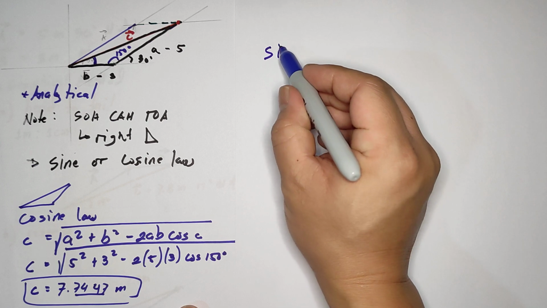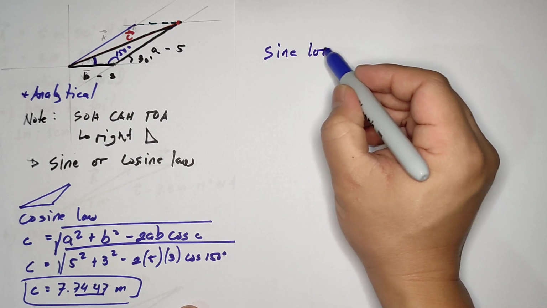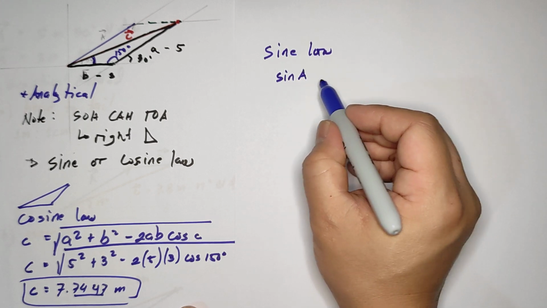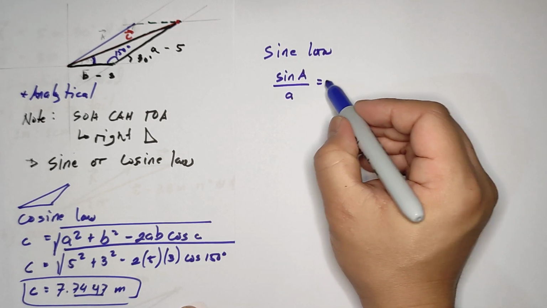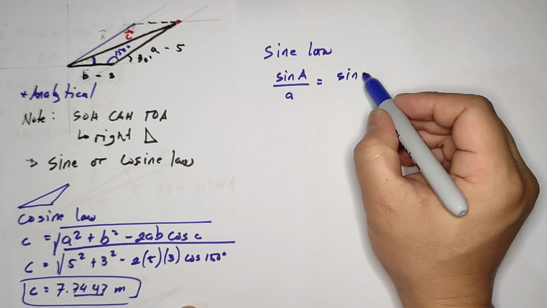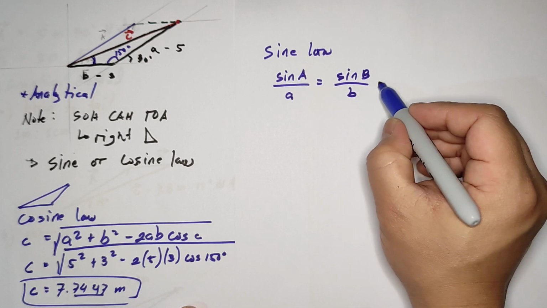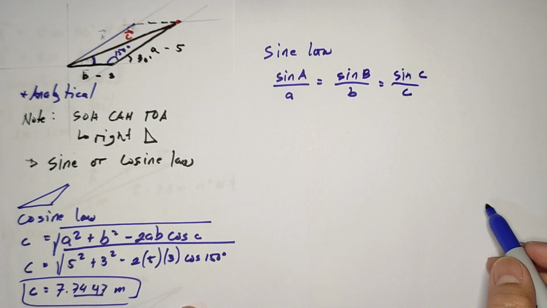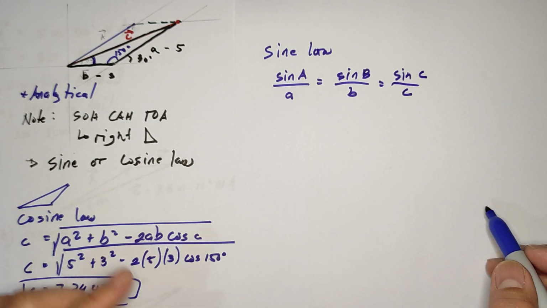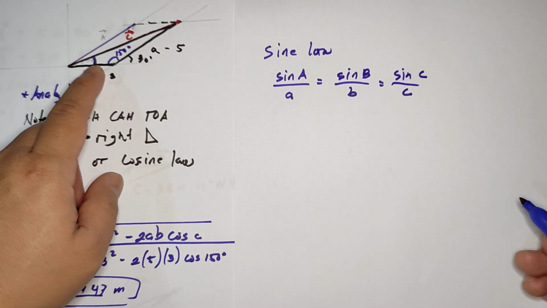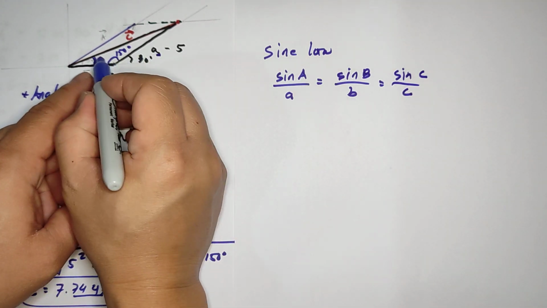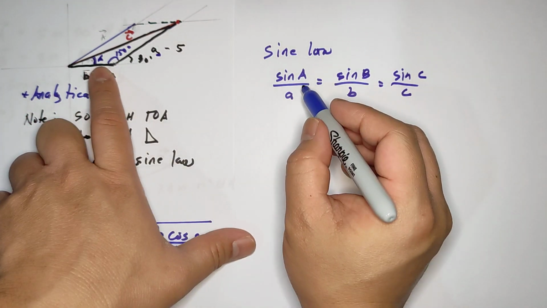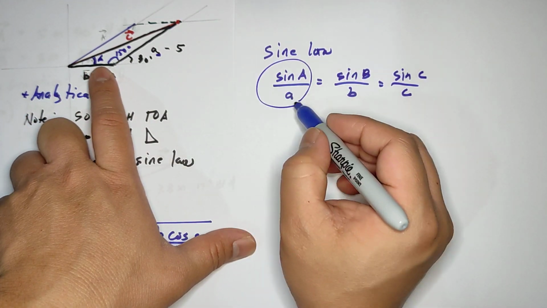I think this is my favorite, because it's very easy to memorize. You have sine A over A, then sine B over B, sine C over C. We're finding this angle, which is opposite of A, so angle A, so we need this equation.